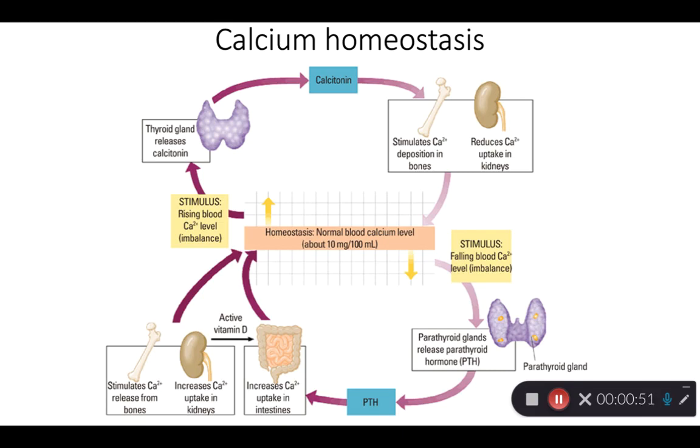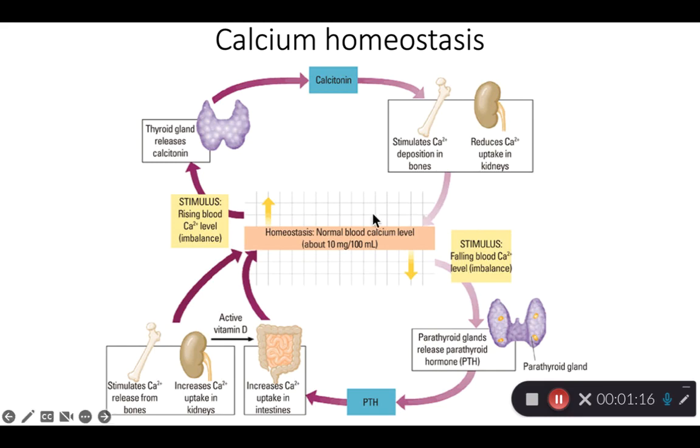So cardiac muscle, smooth muscle, and skeletal muscle all require calcium for their function. Blood clotting, we'll talk about blood clotting in AMP2, requires calcium. A lot of enzymatic reactions require calcium. So you have to be able to have enough in the bloodstream at all times.